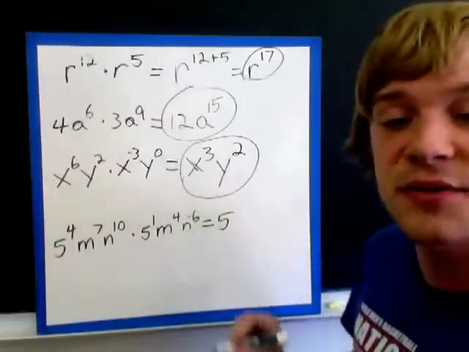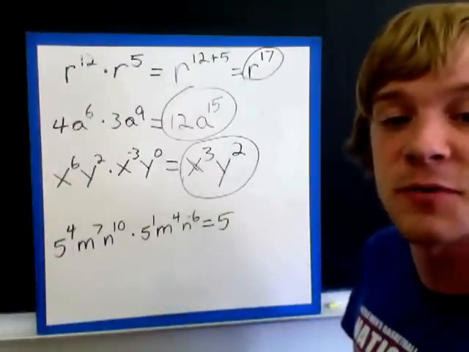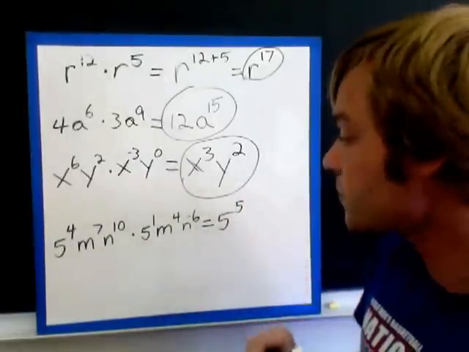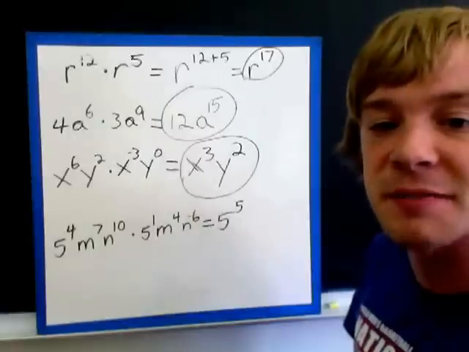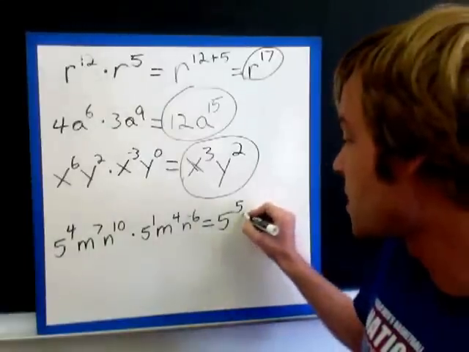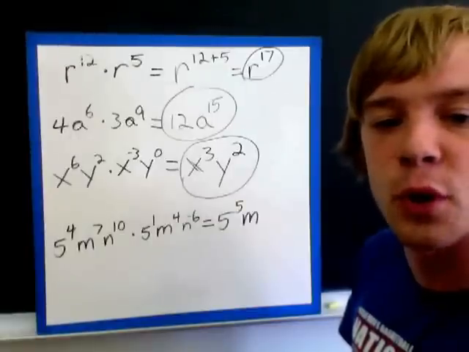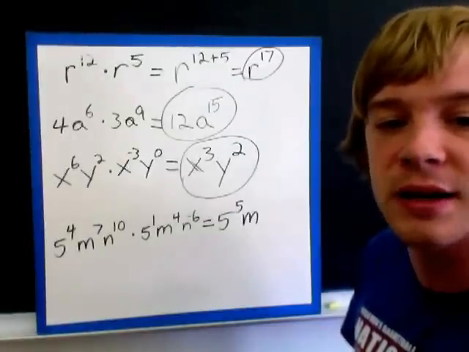So I have my base of 5, and then I add my exponents. 4 plus 1 is 5. My next base is going to be m. I have m to the 7th and m to the 4th. If I add 7 and 4, I get 11.